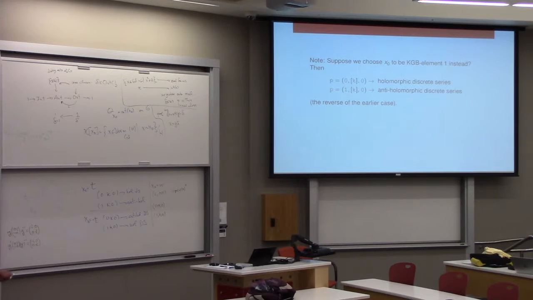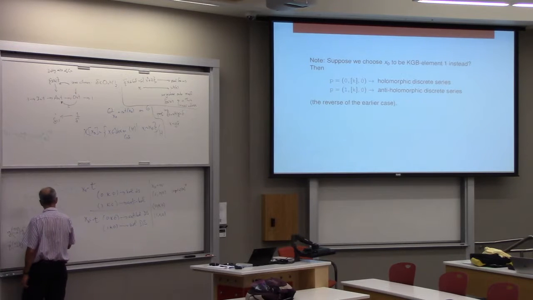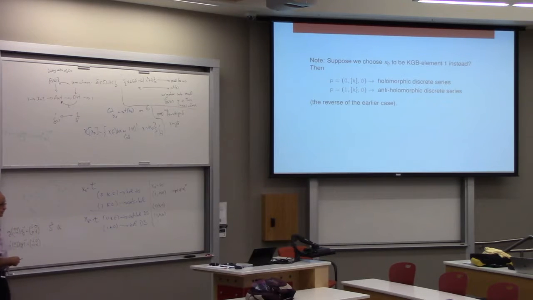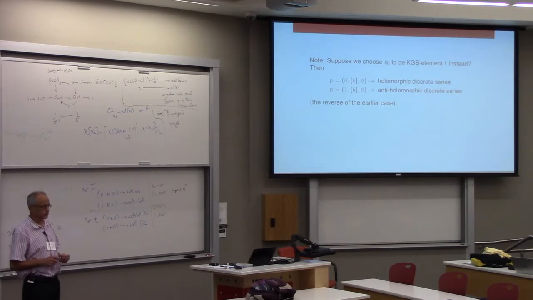Right, those are the two G's that you need to choose. So you choose this G, you're getting some S1, and you're getting some character of it. Is it plus k or minus k? That doesn't really mean anything. So the only thing you can say is, all right, I'm going to declare this one to be the holomorphic one, and that one to be the antiholomorphic one. There's no free lunch.